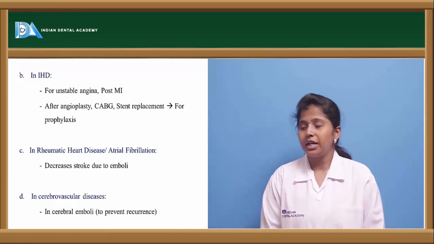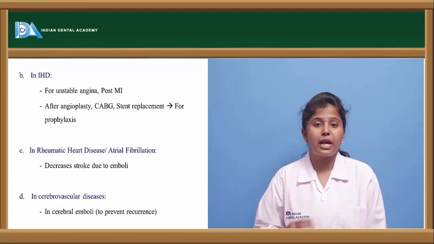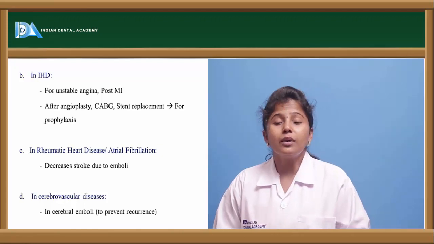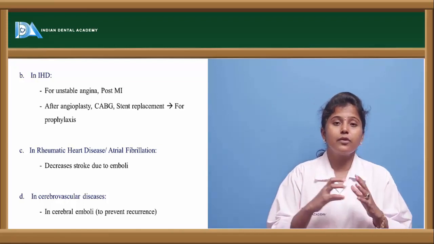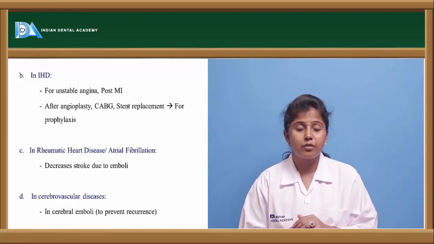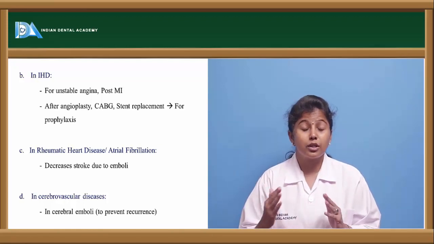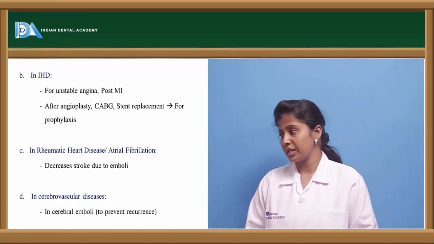And it is used in rheumatoid arthritis in order to reduce the stroke because of the embolus formed. An embolus is again a clot formation, and because of the embolus formation, stroke occurs. So the events of stroke can be reduced in rheumatoid arthritis by heparin.